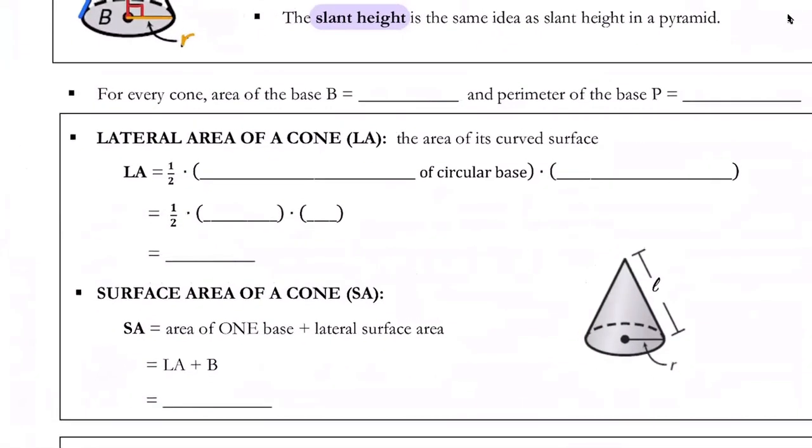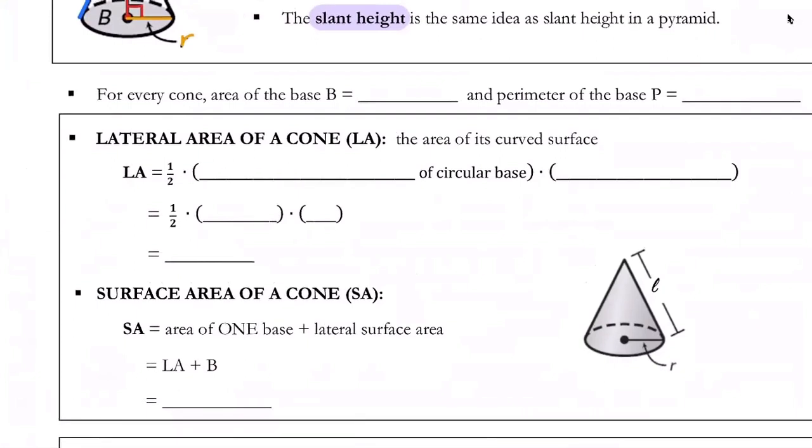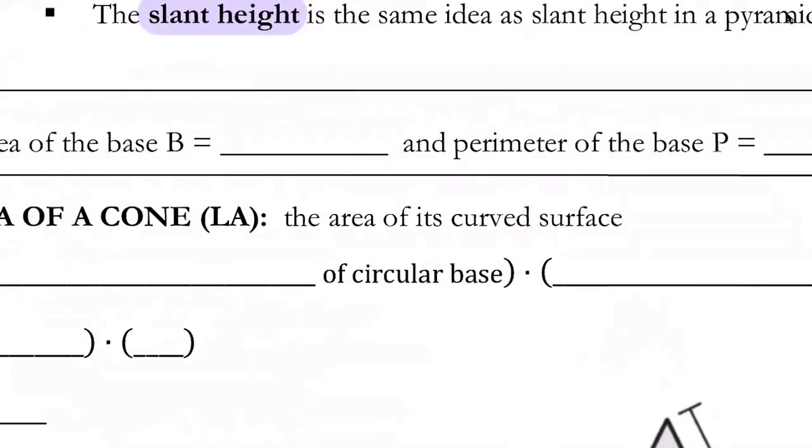Okay, formulas for how you calculate surface area and volume for cones. For every cone, the area of the base, the base is always a circle, so the area will just be pi r squared.